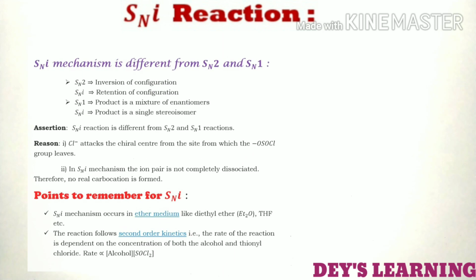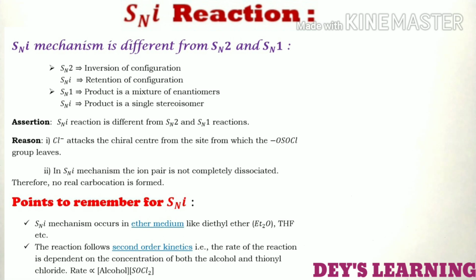Now we can sum up our today's lesson. SNi reaction is different from SN2 and SN1 in different aspects. First of all, SN2 reaction occurs with inversion of configuration, but SNi reaction occurs with retention of configuration.